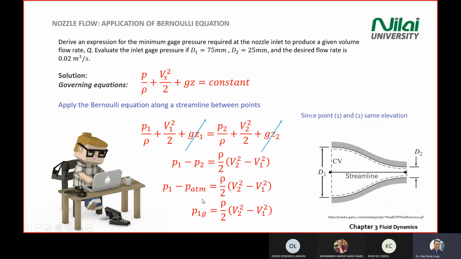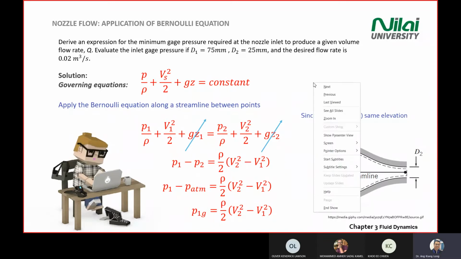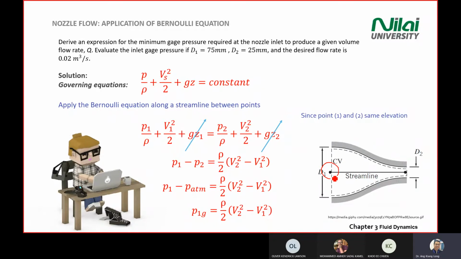Let's say you install a pressure gauge here, a sensor to sense that particular pressure. The reading on the pressure gauge is actually the total or absolute pressure minus the atmospheric pressure. Then you get gauge pressure. Okay.